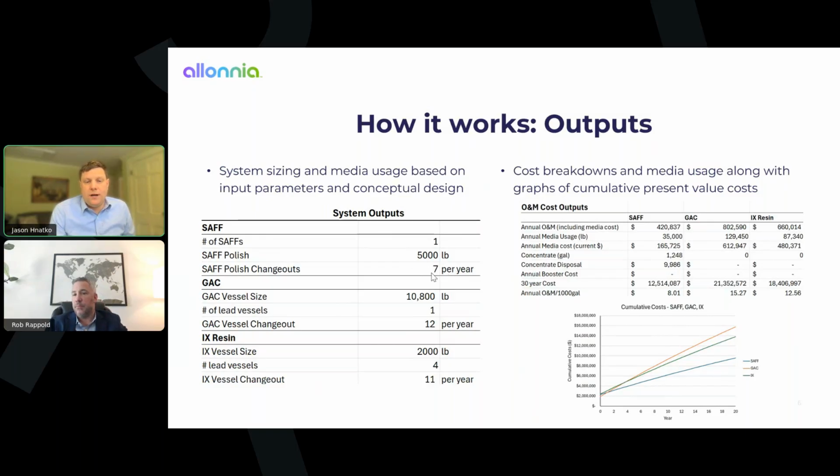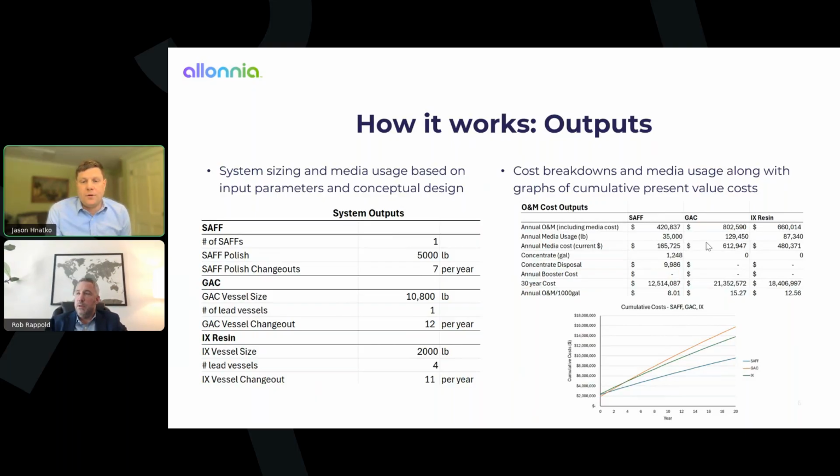And then it will give you what it estimates is the carbon vessel size. Again, that's based on flow rate and empty bed contact time. How many of those vessels you will need, how many lead vessels, so it assumes a lead-lag configuration, and then how frequently you'll be changing out that lead vessel per year, and then the same thing for ion exchange resin.